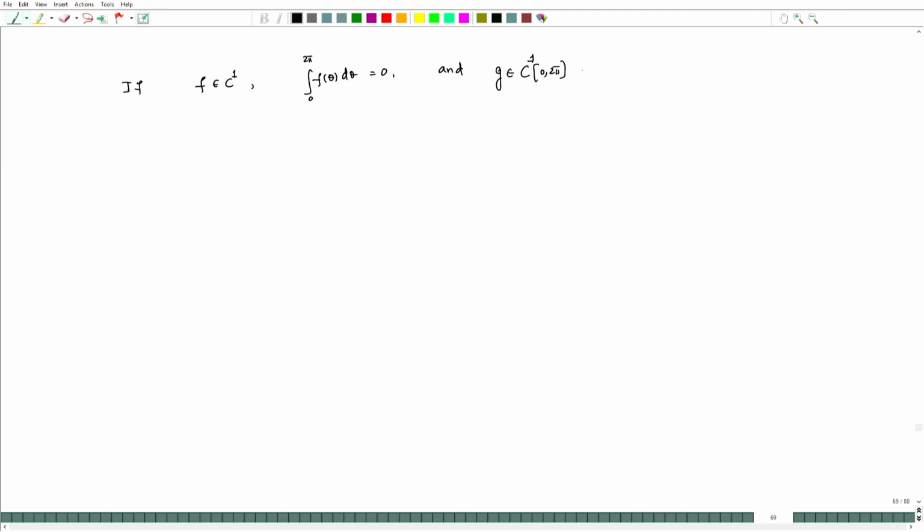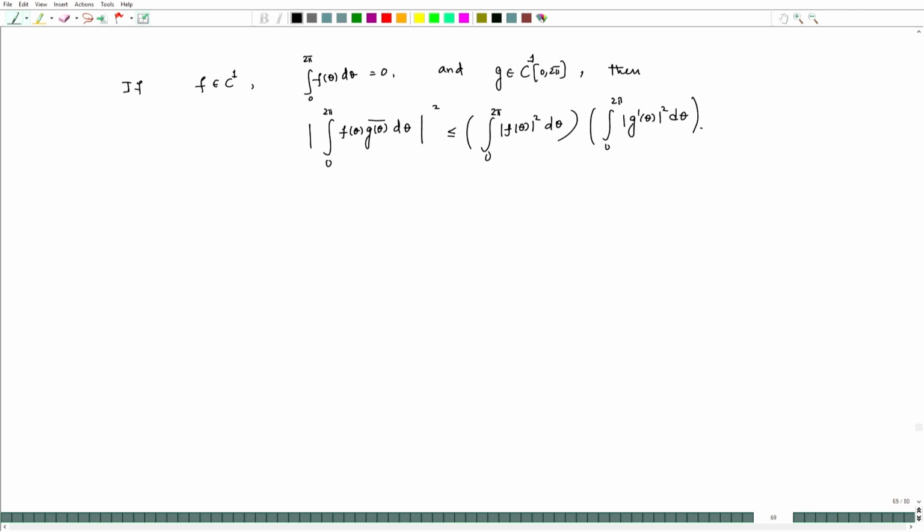Then the integral from 0 to 2 pi of f of theta g of theta bar d theta, squared, is less than or equal to the integral from 0 to 2 pi of mod f of theta squared d theta, into the integral from 0 to 2 pi of mod g prime of theta squared d theta.